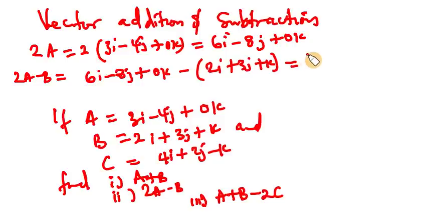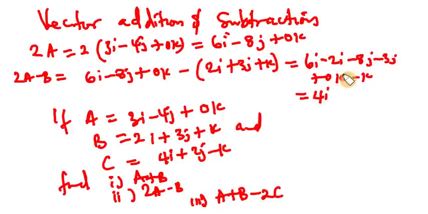This is 6i minus 2i, this is minus 8j minus 3j, this is plus 0k minus k, and we'll be left with 6i minus 2i is 4i, this is minus 8 minus 3 is minus 11j, this is plus 0 minus 1, this is minus k.